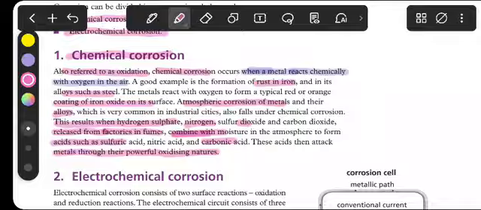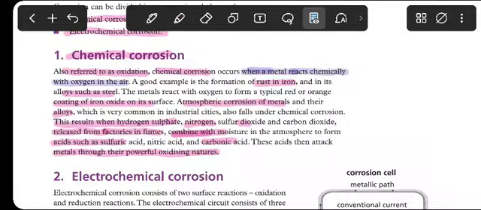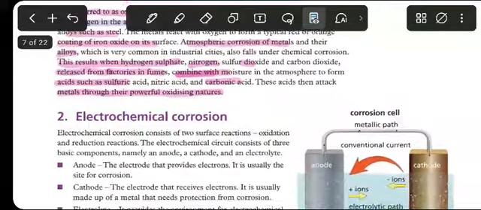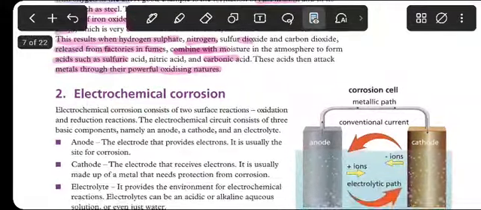We know, guys, corrosion takes place. Let's say you have steel or iron and you place it outside without applying grease. Remember, how do you prevent corrosion? You must apply grease or oil on that metal so that it cannot catch water.